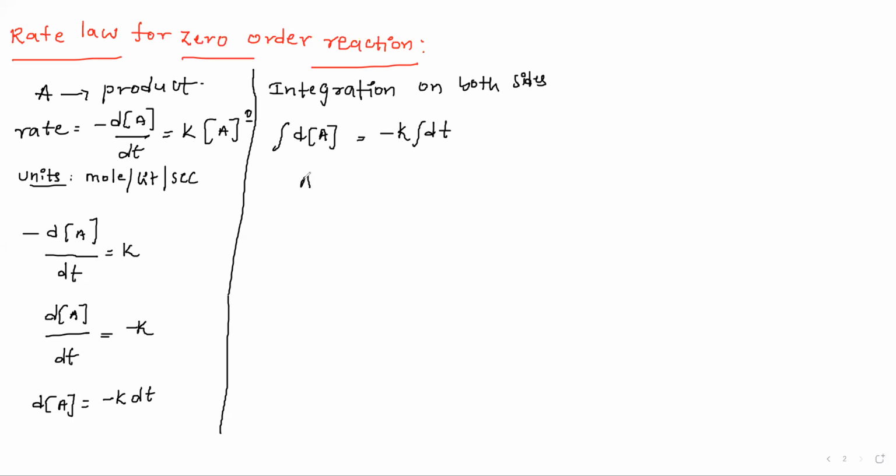Okay. So after this, integration of d[A] we can write as [A] is equal to minus Kt plus I. Here I is nothing but the constant of integration.